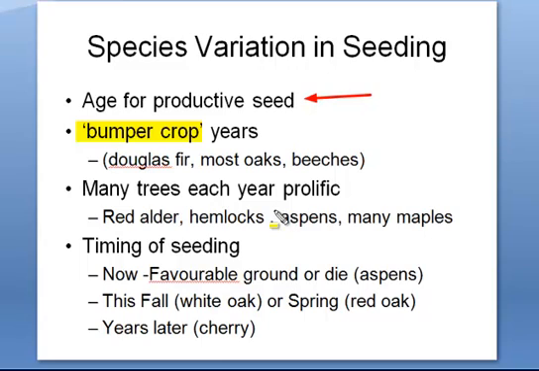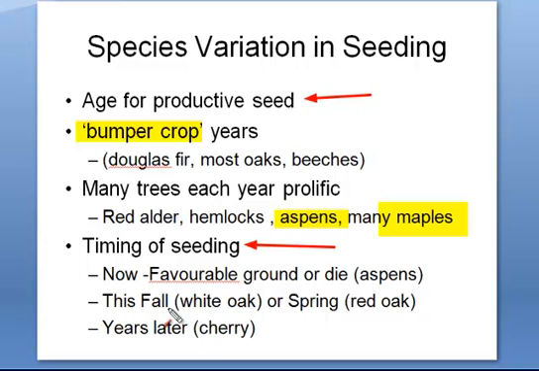Many trees are prolific all the time. For example, aspens and red maple just produce seeds most of the time. Timing of the seeding: not all seed falls at the same time. For example, the aspens seed earlier in the year, and it hits the ground and millions of seeds are distributed, and if it can grow, great, otherwise it dies.